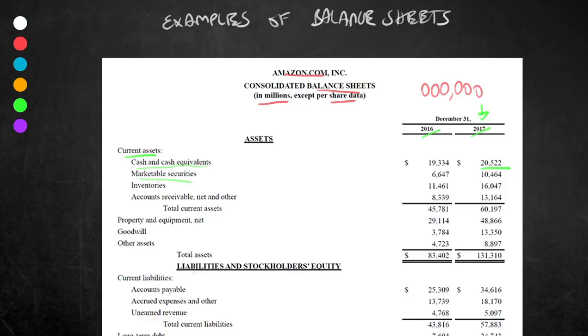Marketable securities are at 10,464. These are assets like public shares or T-bills that can be sold or converted into cash really quickly. Amazon inventory is $16,047. As we mentioned previously, inventories can include raw materials, unfinished or finished goods that can be sold.